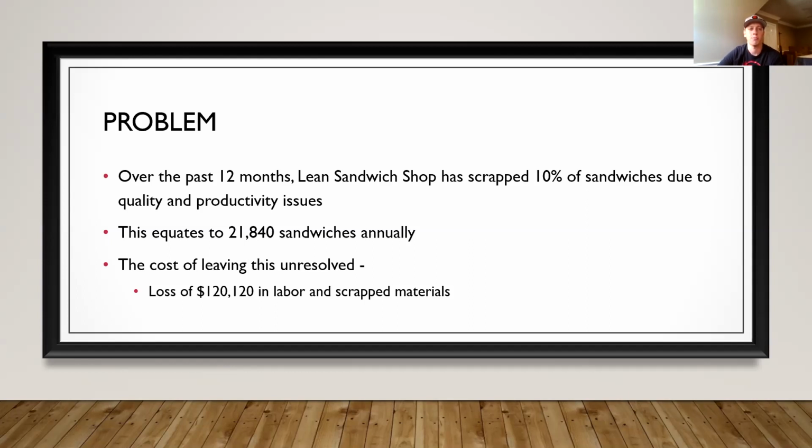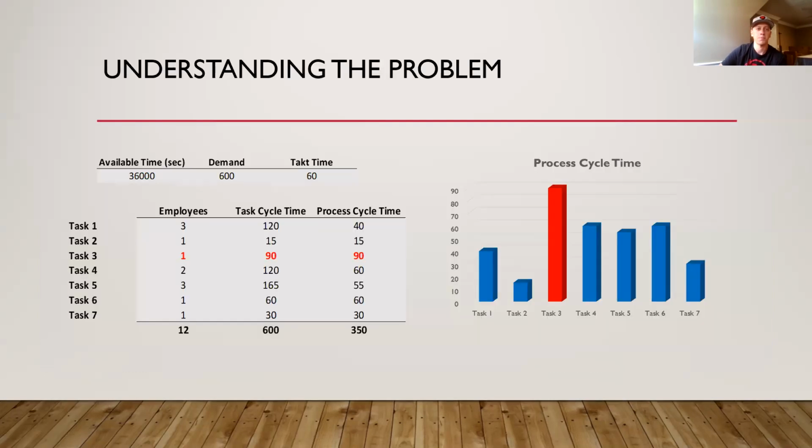And in order to come up with a proper solution, I just want to dive a little bit deeper into the problem to help us maybe decipher the root cause of that problem. Okay, so we know that the Lean Sandwich Shop has a daily production demand of 600 sandwiches.